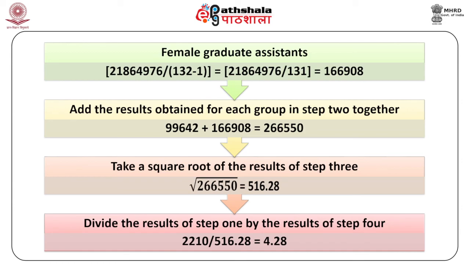Now, taking the square root of the result obtained in step 3, we have 516.28, and finally dividing the result of step 1 by the result of step 4, that is 2210 divided by 516.28, we have the answer 4.28.